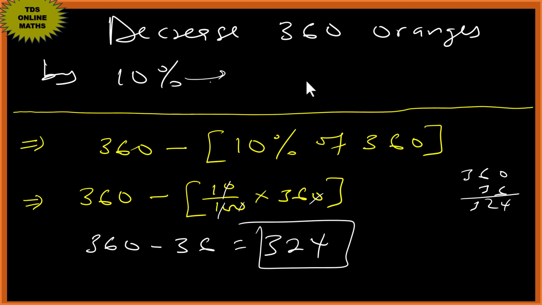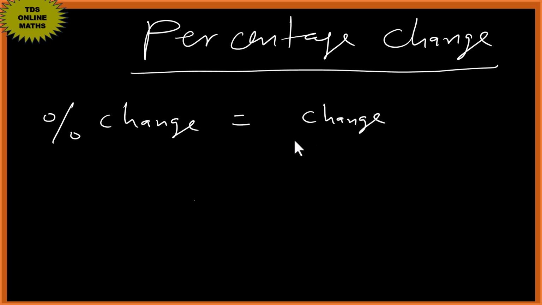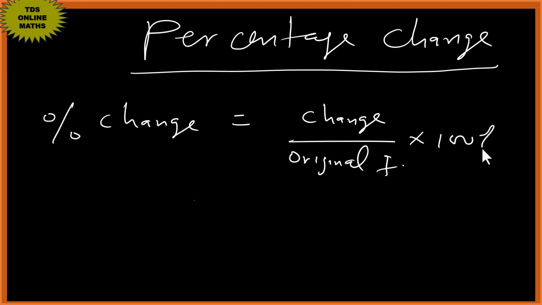All right, so a change can be an increase or decrease in quantity. So percentage change is the same as the change, or the difference, on the original quantity, times 100%.